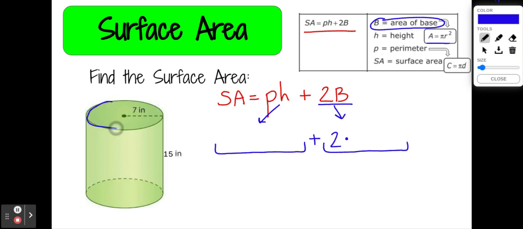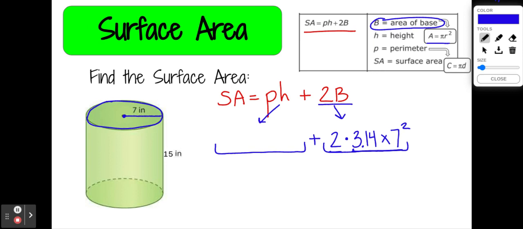Here's the circular base. We know the radius is 7. To find the area of a circle, I'm going to take pi, which is 3.14, and multiply that by the radius squared. The radius is 7, so 7 squared. This part is my area of the circle, and I want to multiply it by 2 because there are 2 circles. That's going to give me the area of both of the bases.